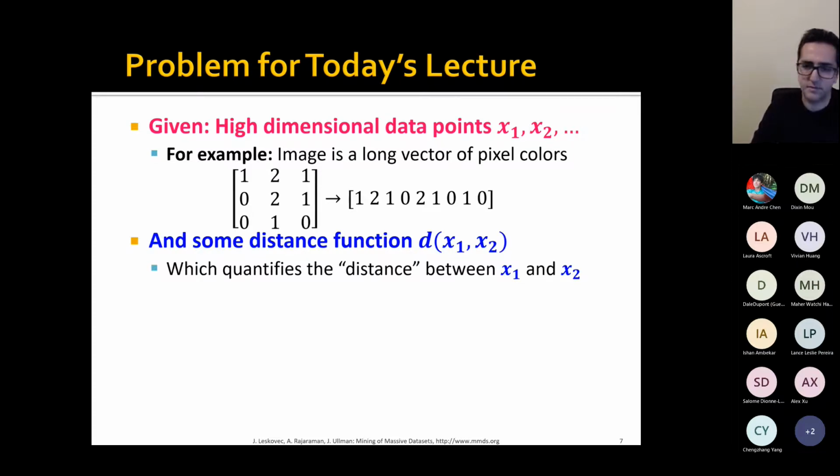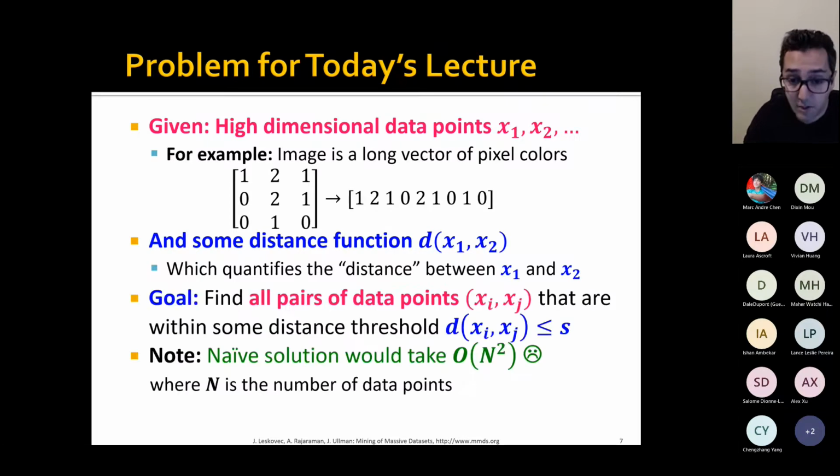Okay, I'll talk about this function in a bit. What we want to do is to use this function, and we have a collection of many images. We want to apply this function to every pair of images, and we want to figure out if the distance is less than some threshold s, then we call them near or similar, right? So that's the idea.